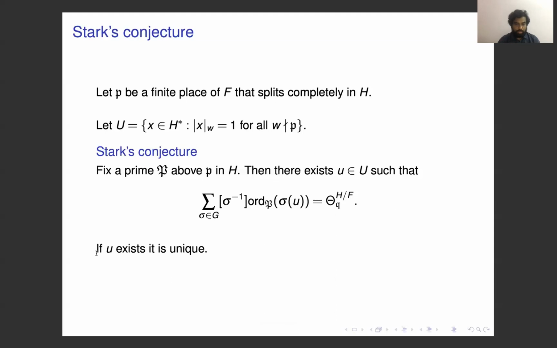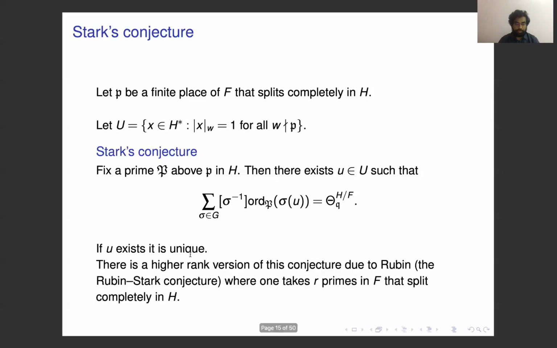And a remark is that if such a U exists, then it's unique. There's a higher rank version of Stark's conjecture due to Rubin, also known as the Rubin-Stark conjecture, where instead of taking just one finite place of F, you can take r places of F that split completely in H. Now I must say that if I tensor U by Q, then the existence of such a U in U tensored Q is easy to see.